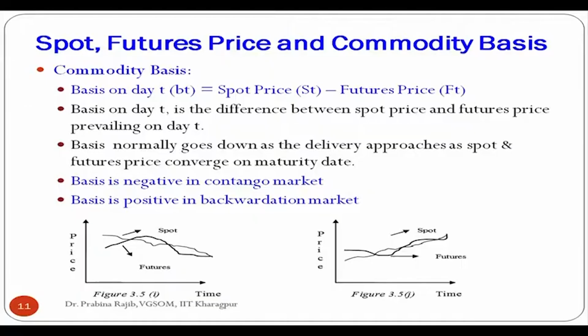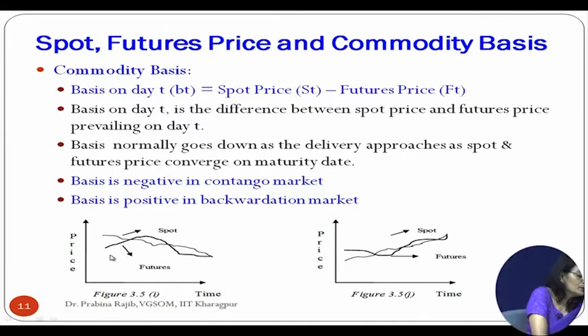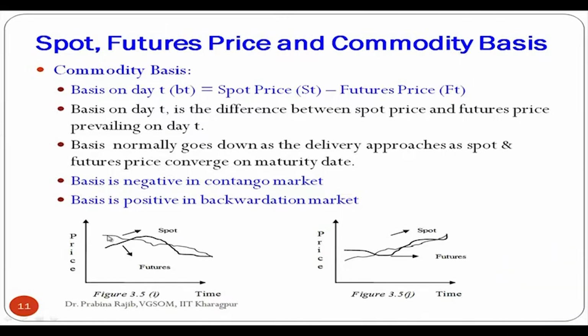Let's focus on the graph given in this slide. At this point of time, the spot is higher than the futures contract, so this is the place where you will have a backwardation market. After some point of time you will have futures becoming more than the spot, and this is the place where you have a contango market, and so on.